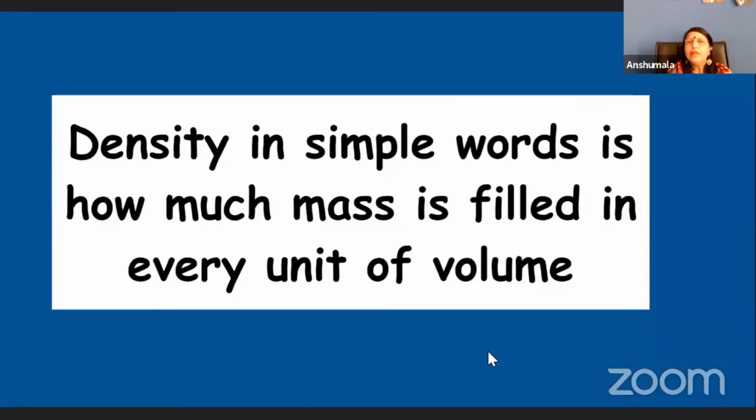So when we say we are talking about density, firstly, we are talking about the space, the 3D space, the volume. And in that volume, what we are trying to see is what you can see written on the slide. In simple words, it is how much mass is filled in every unit of that volume.